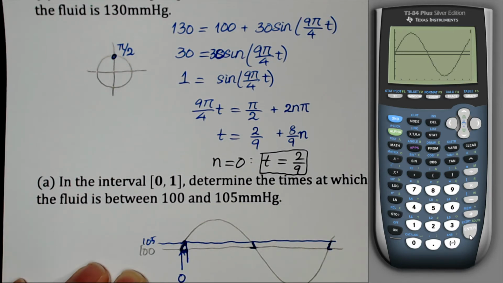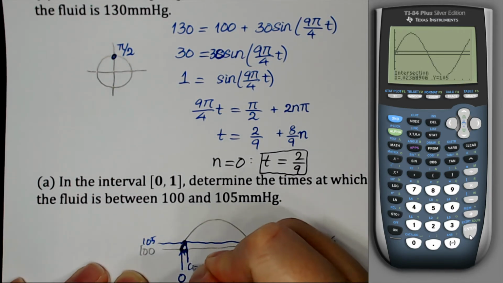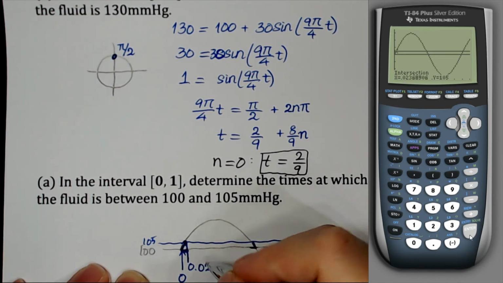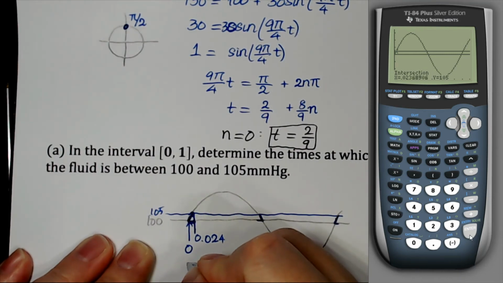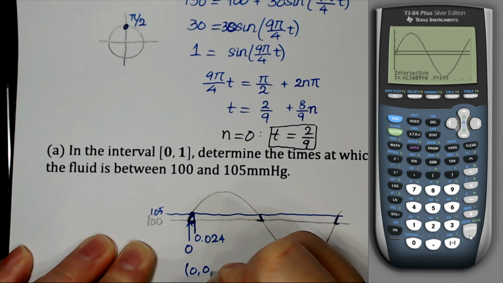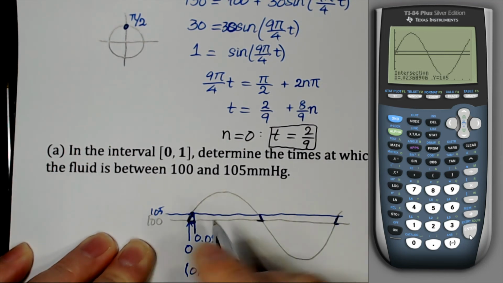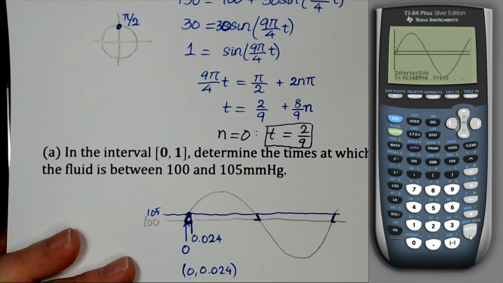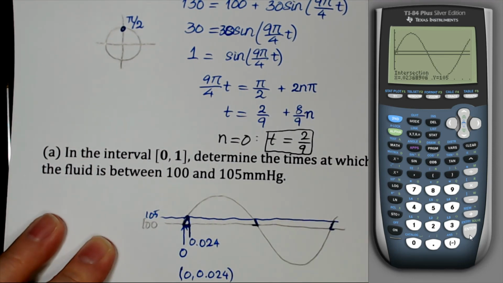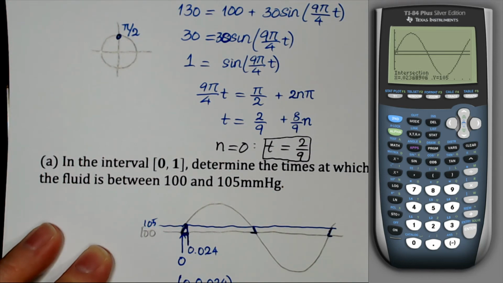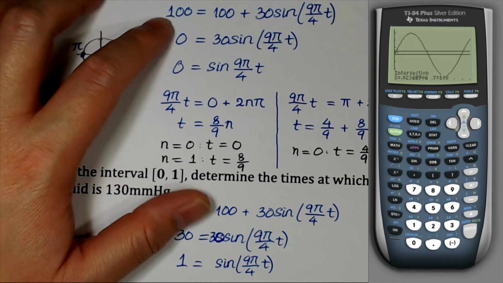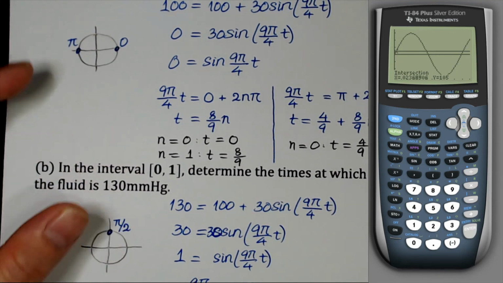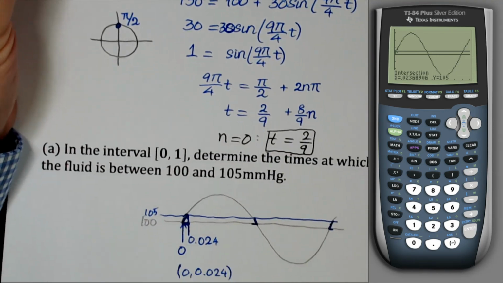When we hit enter, we jump right to it, and we have 0.024. So we have the first interval between 0 and 0.024, and then we can find the rest of the intervals. There will be 3 more. And that's how we find the intersection using the calculator. For a special case when the number is nice, we can do it by hand. But if the number is not nice, we have to use the calculator.